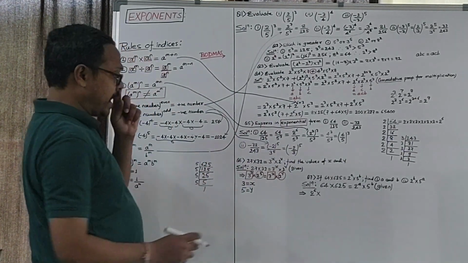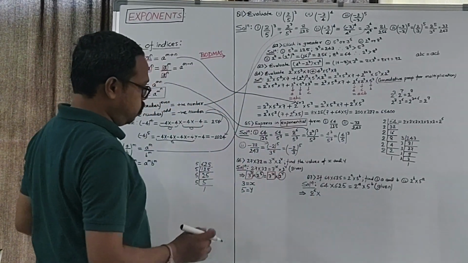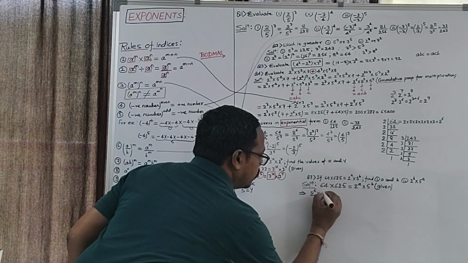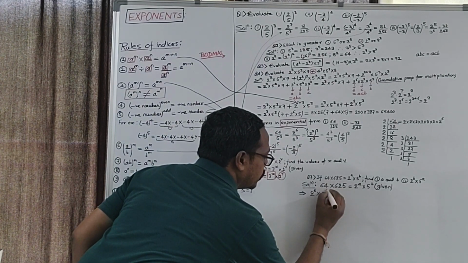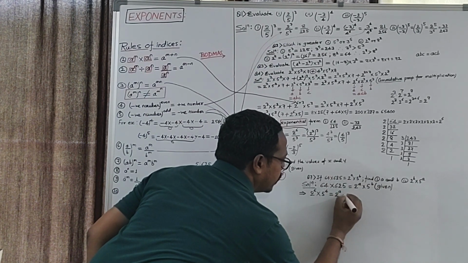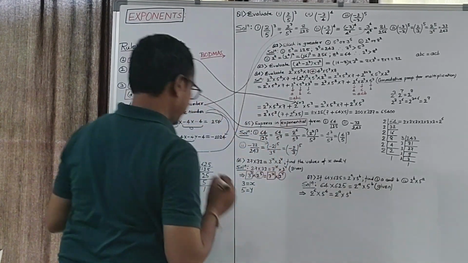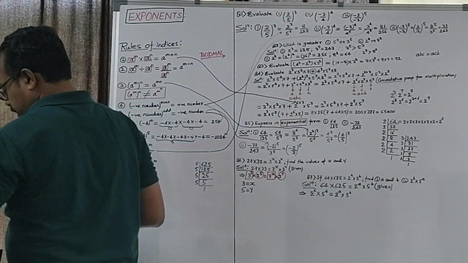So 625 in the form of 5, how will you write? 5 into 5 into 5 into 5, 5 raised to the power 4, right? And that is equal to 2 to the power a into 5 to the power b.